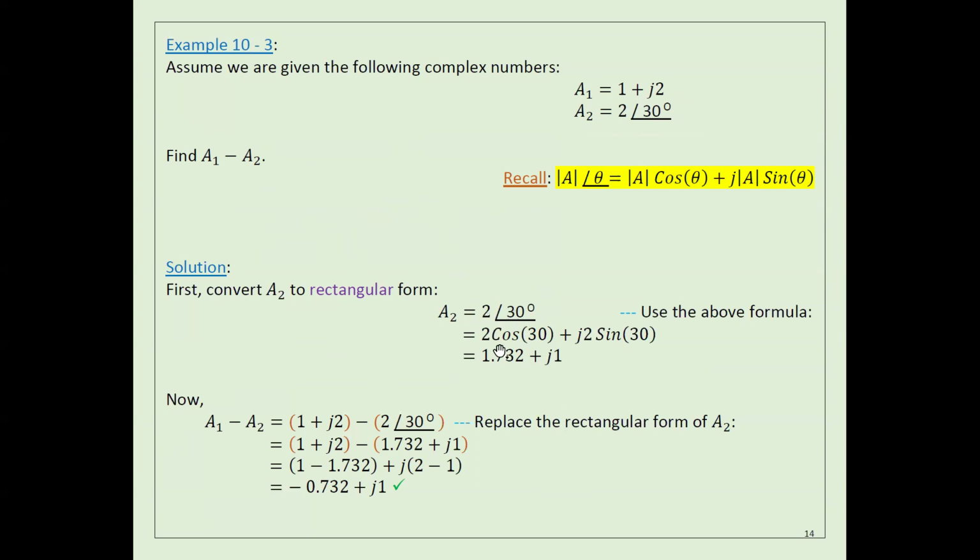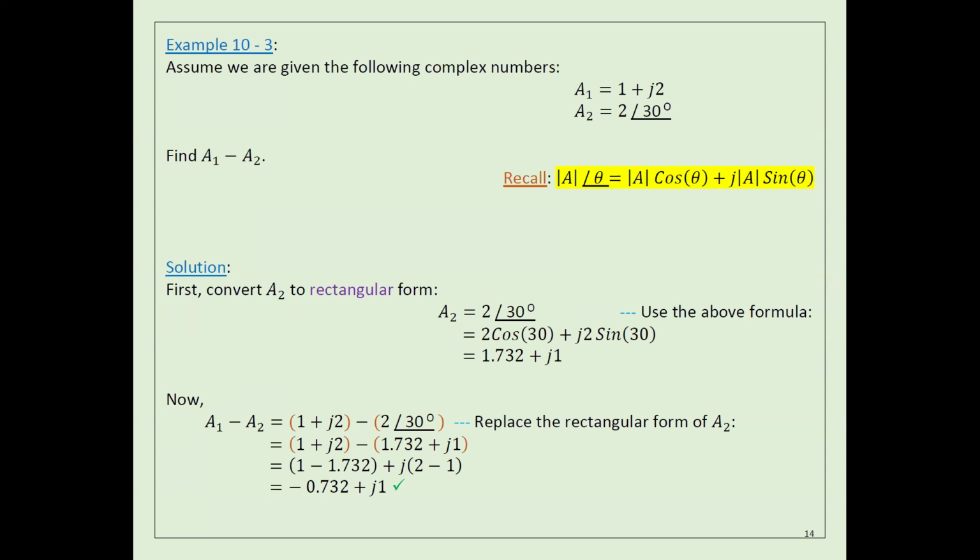To convert this one, as you know, it's 2 cosine 30 plus j2 sine 30. So now A2 is equal to this number in rectangular form, and now I can do the subtraction. I subtract this number from this number, using the equivalent rectangular form.